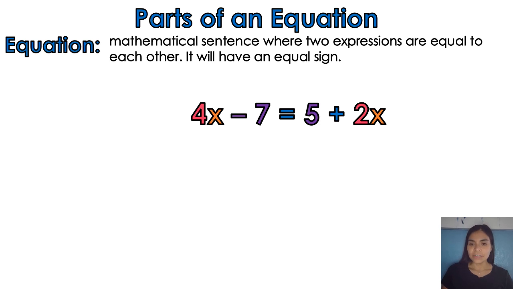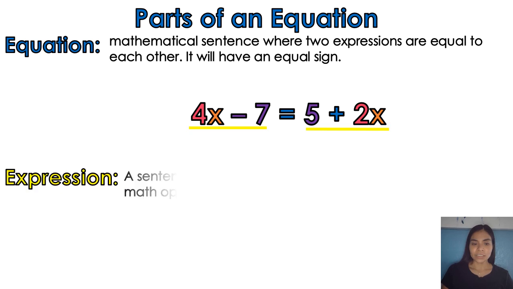So let's go back to that definition. It says that there's going to be two expressions that are equal to each other. So based off that, we know that 4x - 7 must be an expression, and 5 + 2x has to be another expression because they're set equal to each other. So what is an expression?